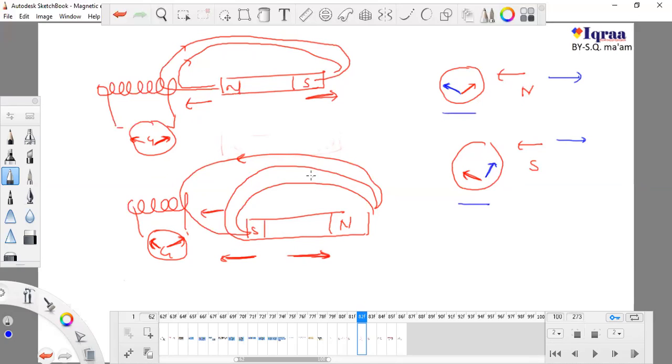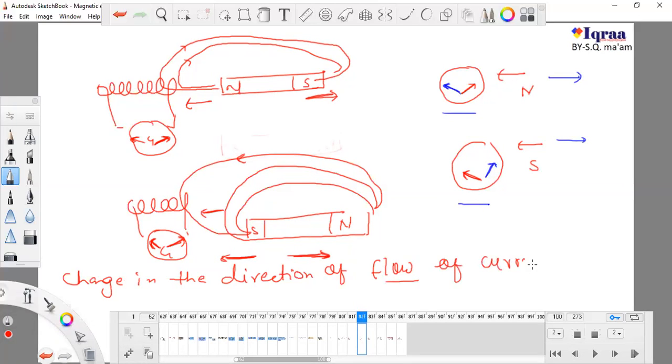Other than that there will be no difference, everything will be the same. It is only because there is a change in the direction of flow of current.